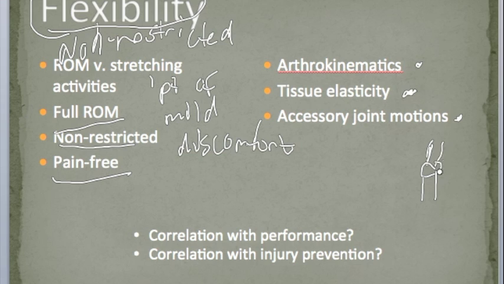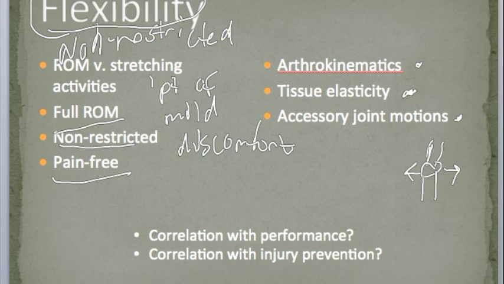You can flex and extend your finger, but also your finger will bend this way and that way. You can't do it voluntarily. You're going to have to push on it with your hands, but there is some play in that plane of motion. You have to have that accessory joint motion to be able to do the flexion and extension movement easily.